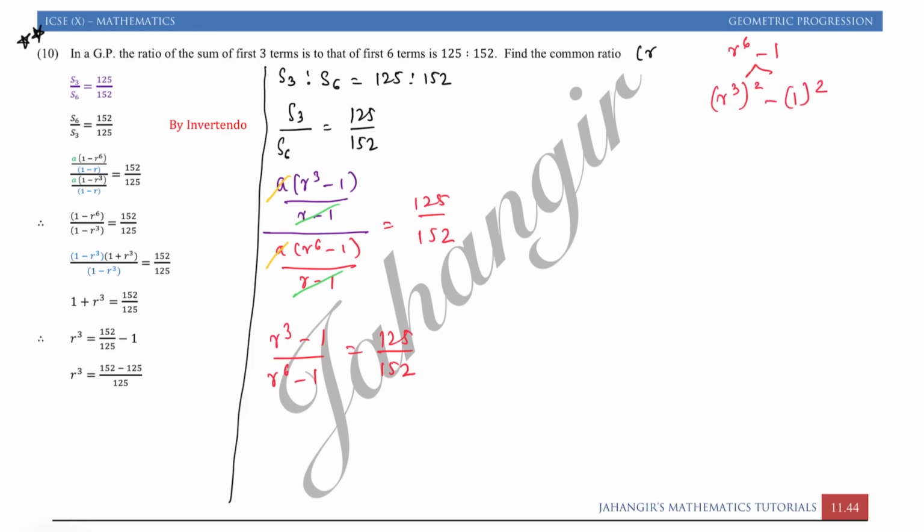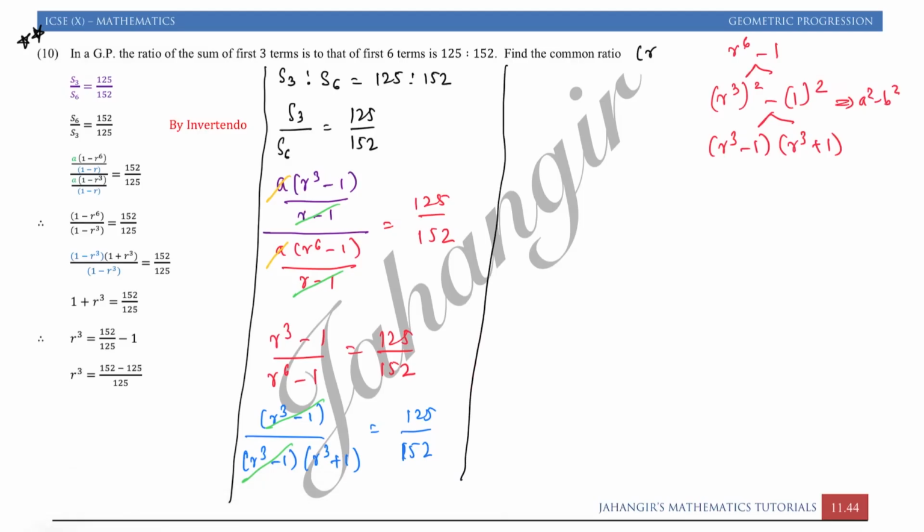So this is in the form of A square minus B square, which you can write as A minus B, A plus B. So here I will write R cube minus 1 into R cube plus 1. So numerator I can write R cube minus 1, denominator I can write R cube minus 1 into R cube plus 1 is equal to 125 upon 152. So cancelling down R cube minus 1 on both sides.